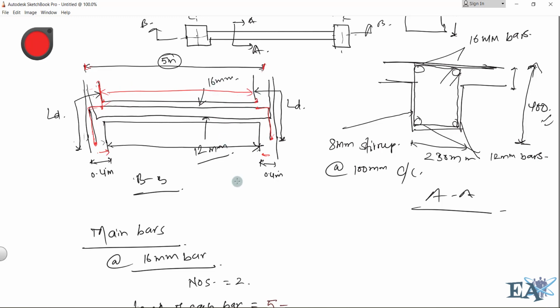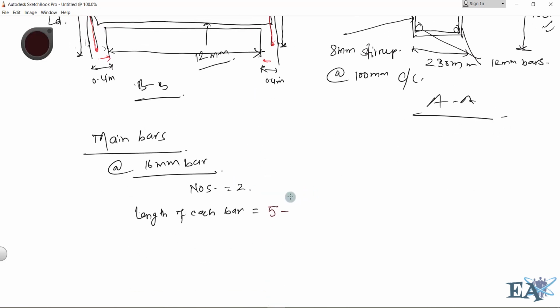So it's 5 minus 0.4 by 2, half of the column width, minus 0.4 by 2, plus 2 times LD. So this is now 5 minus 0.4 plus 2 LD. LD is the development length.